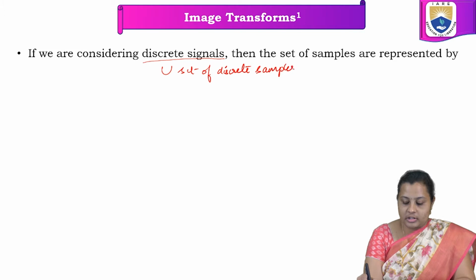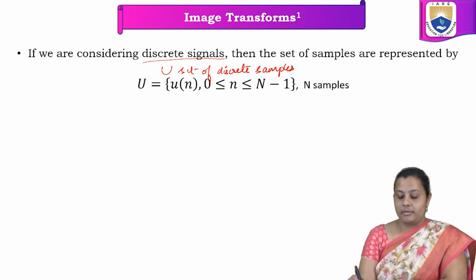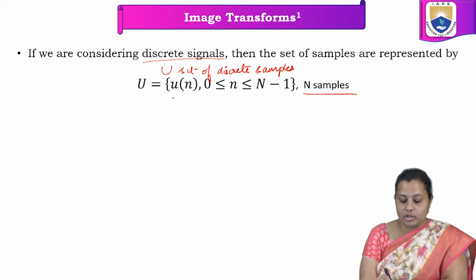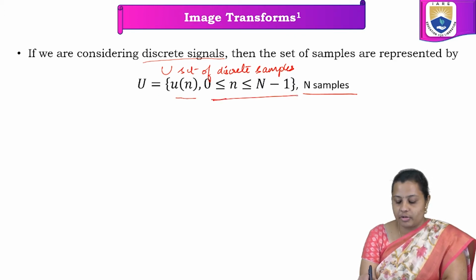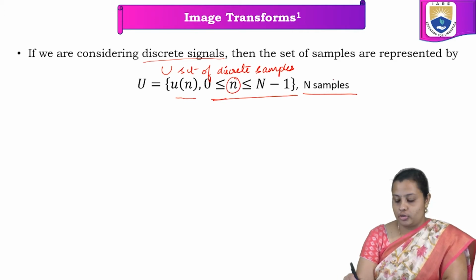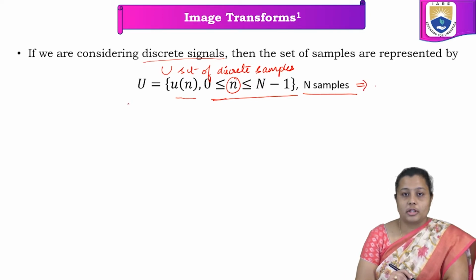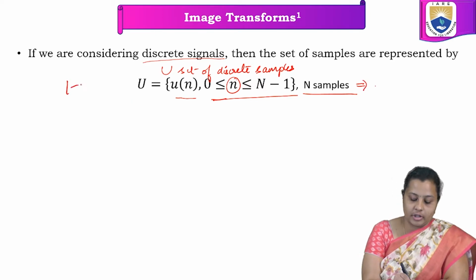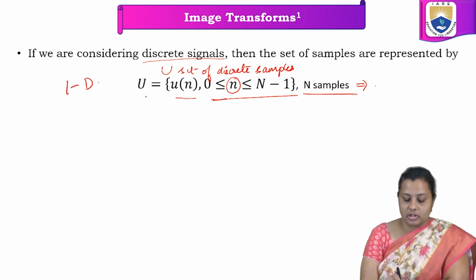Since it is discrete, we are considering N samples represented by u of n, where n ranges from 0 to N minus 1. So we'll have N samples. Since u is a vector, we are considering a 1D function, and the size of u is N cross 1.